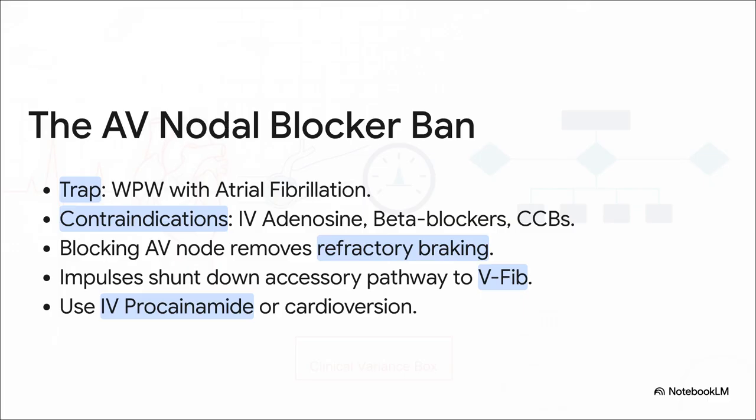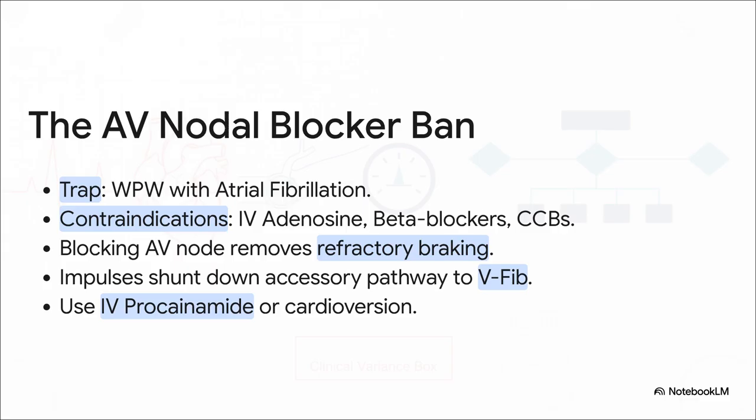And this leads us straight into a massive interventional red line, the AV nodal blocker ban. The ultimate trap here is WPW presenting with concurrent atrial fibrillation. That's the wide complex irregular tachycardia we were just looking at. In this specific situation, IV adenosine, beta blockers, calcium channel blockers like diltiazem, and digoxin are all strictly contraindicated.